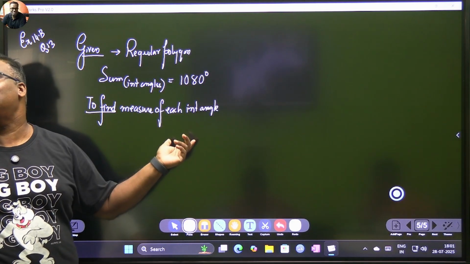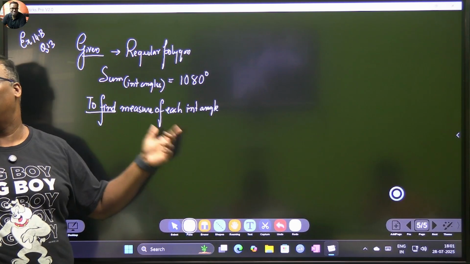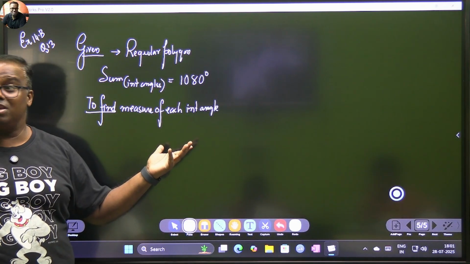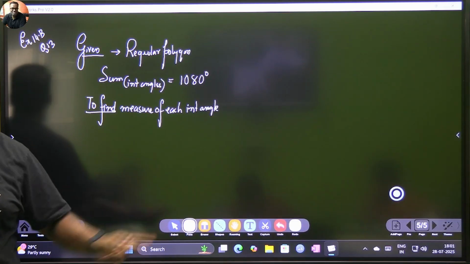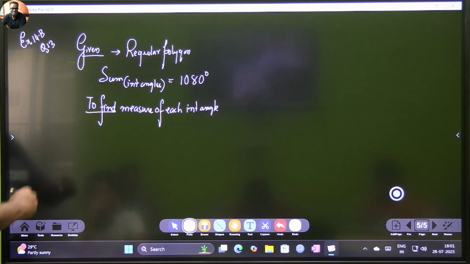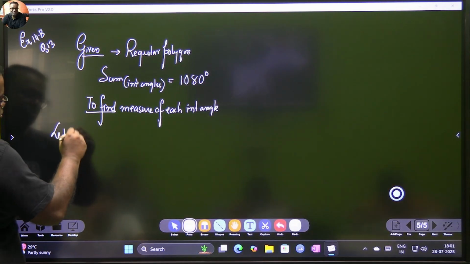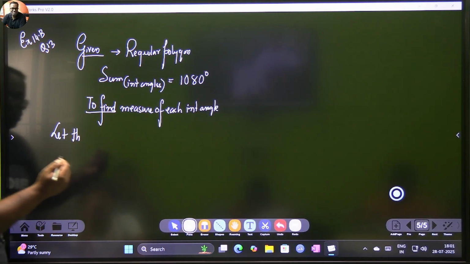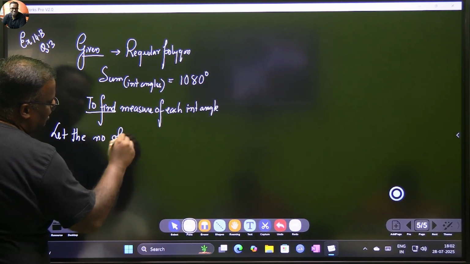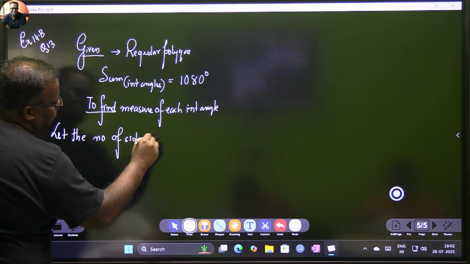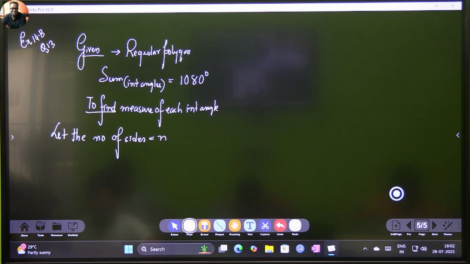What is each internal angle? How do you find out? 180 divided by 3. 3 means what? Number of sides. So the first thing we need here is the number of sides. So I'm doing it in an elaborate manner, though it is an MCQ. Let the number of sides be equal to n. I don't know what it is, right?